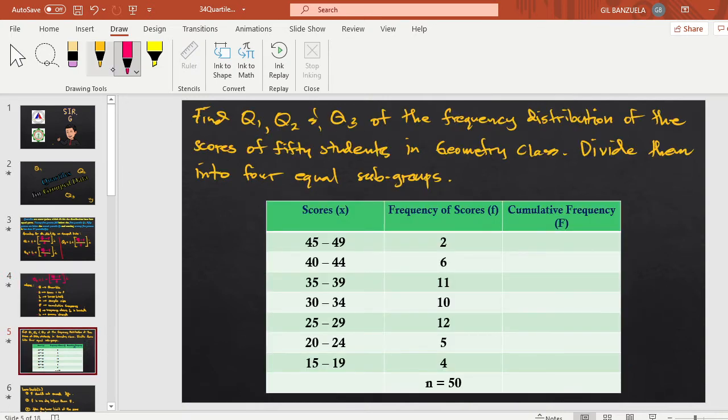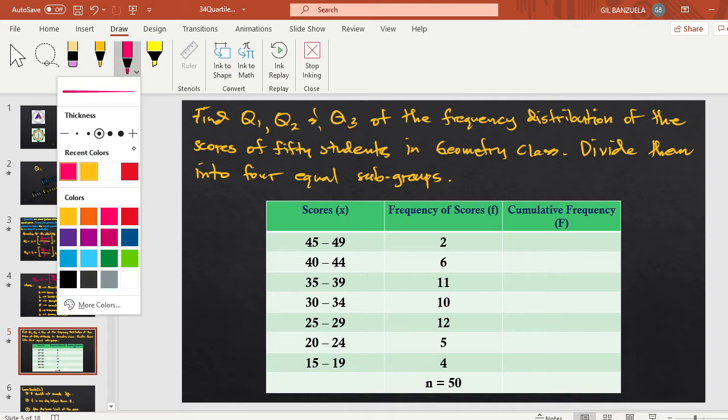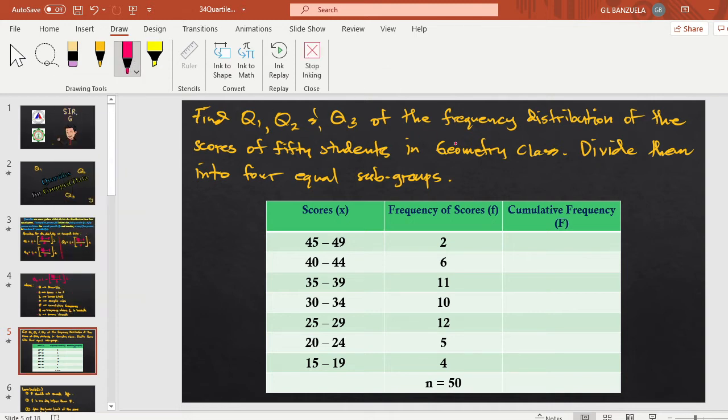Alright, so supposing we are asked to find quartile 1, 2, and 3 of the frequency distribution of the scores of 50 students in geometry class, and we are asked to divide them into 4 equal subgroups. Here are the scores.